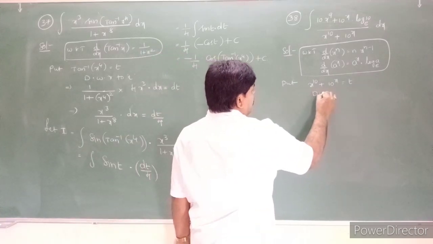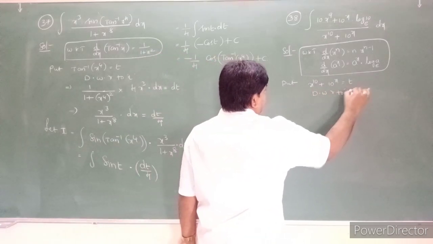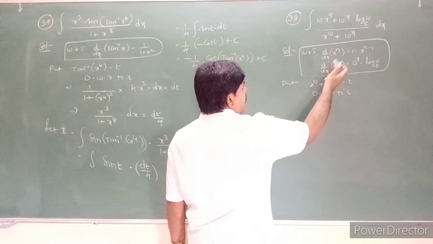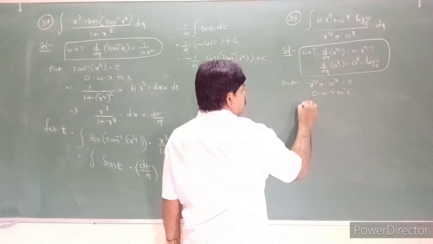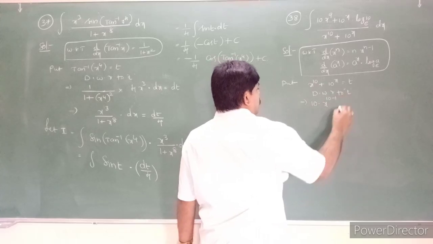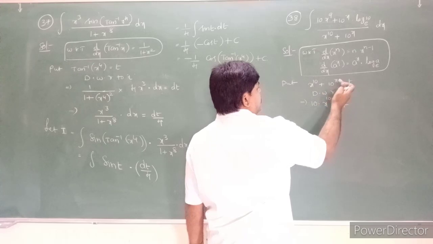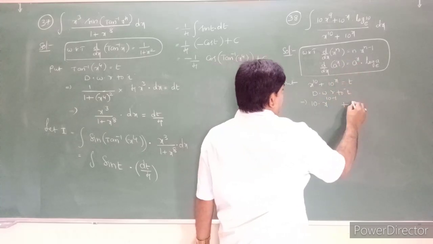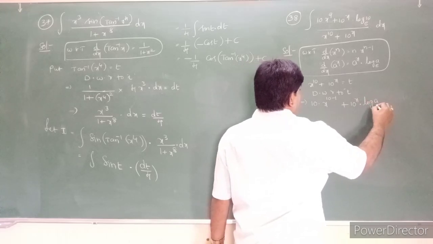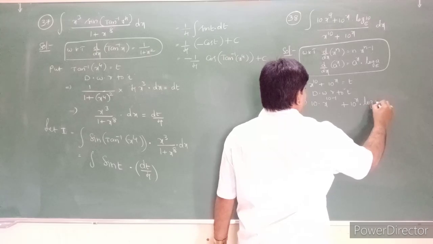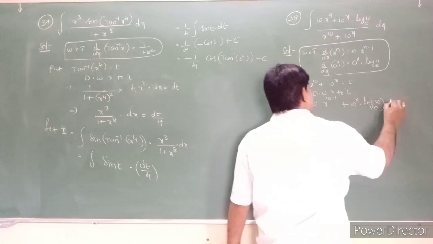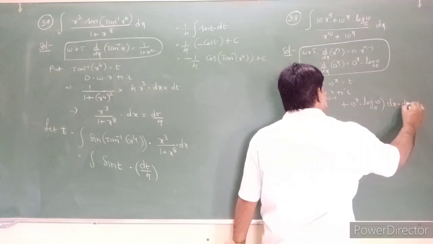Differentiate with respect to x. The derivative of x power 10, in the form of x power n, is n into x power n minus 1, so it becomes 10 into x power 9 plus the derivative of a power x, which is a power x into log a. The a value here is 10, base e, into dx is equal to dt.